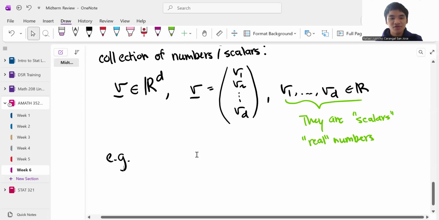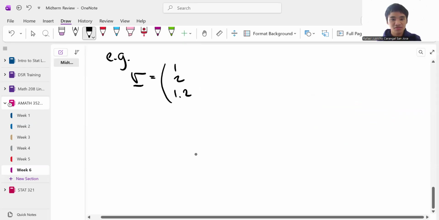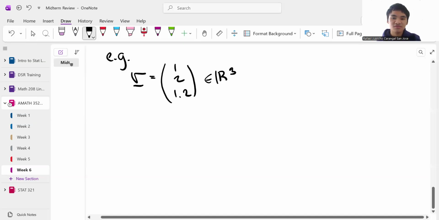To give an example, let's say we have this vector V, which has three components. Since it has three components, it's in R^3. Well, D is equal to 3.